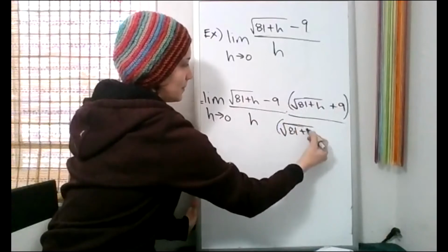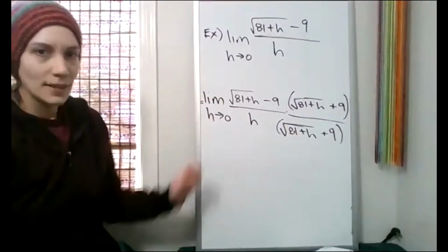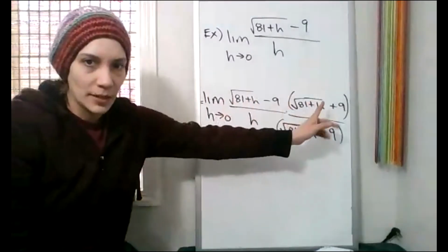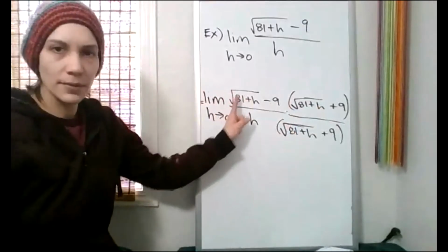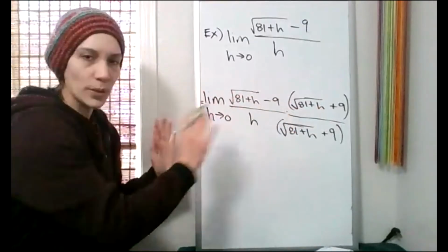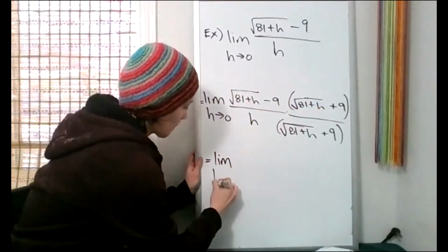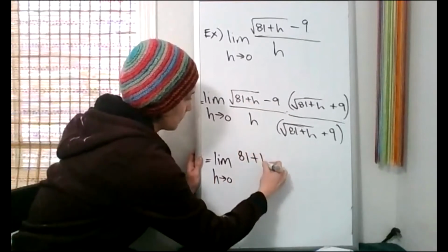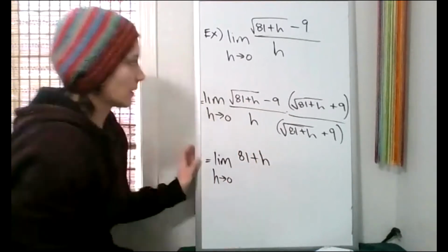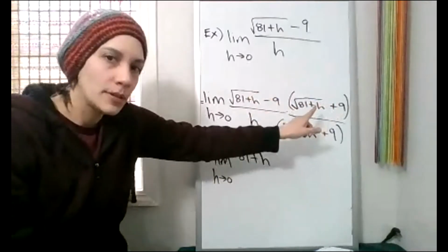Okay. This will help take care of those radical signs. Now we have 81 plus h. We FOIL everything in the numerator. And then a positive 9 times that root and a negative 9 times that root. So those add up to 0.